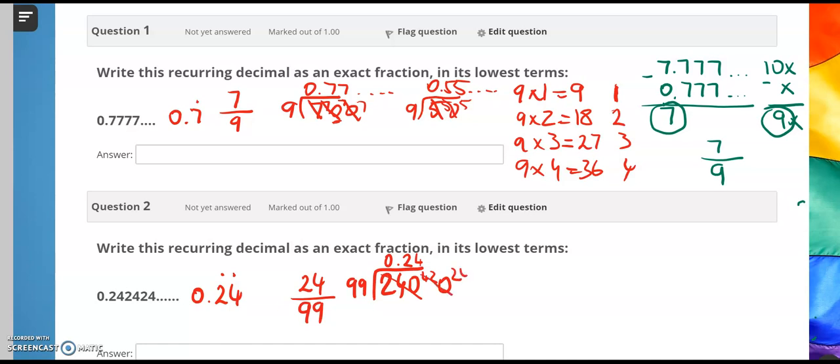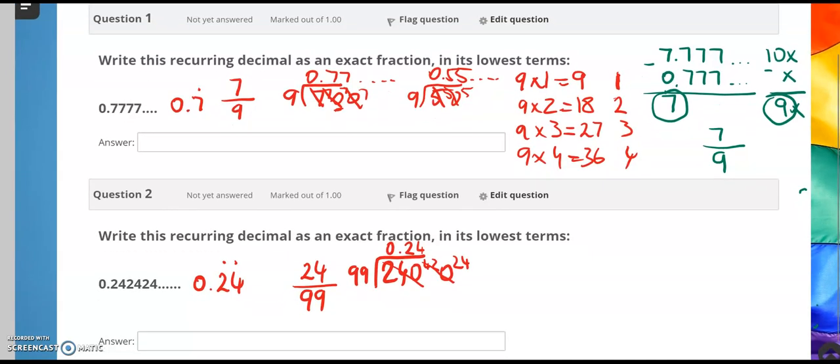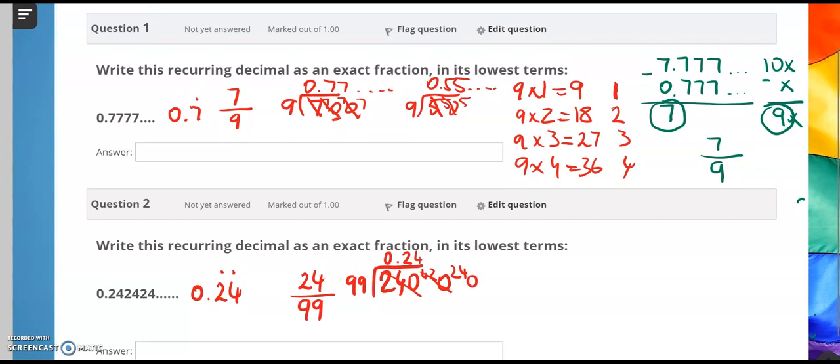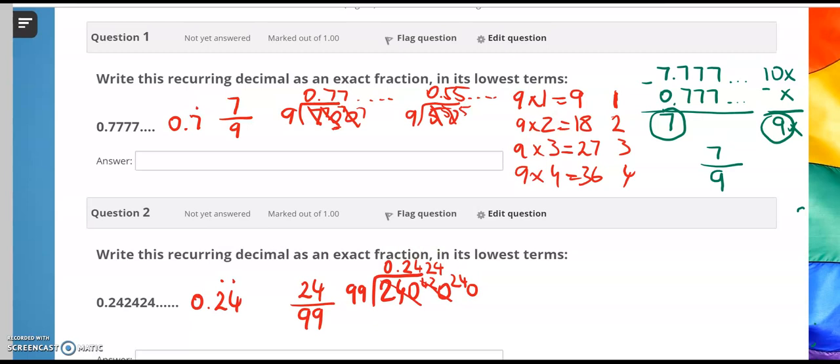And that leaves us with 24. So again, putting a 0, that's 2 lots. So you can see the pattern repeating itself because 99 is 1 less than 100. Just like 9 was 1 less than 10. And in division, we use base 10. So it's how many fit into 10, 100, or 1,000, and so on.